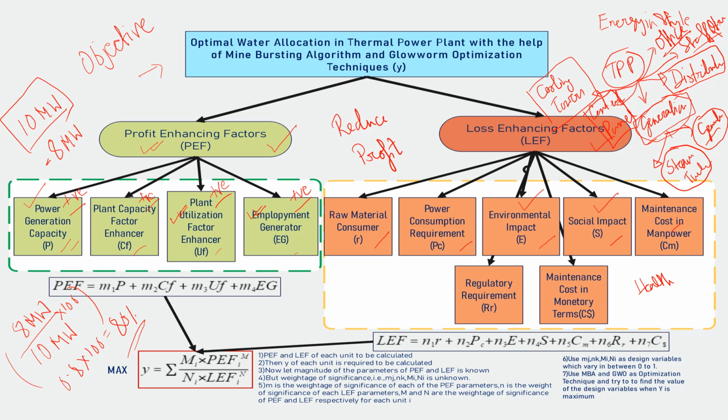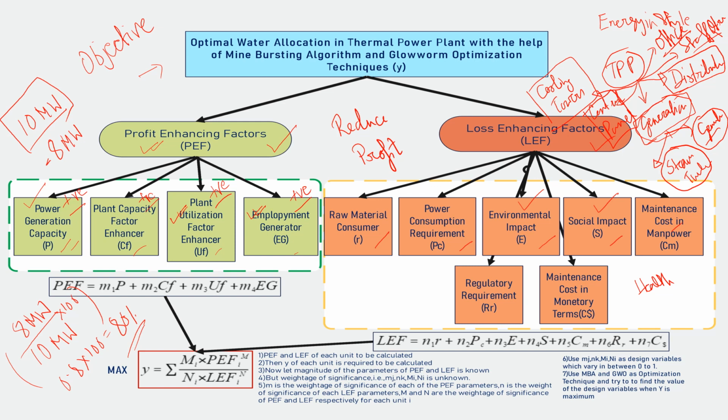Due to this generation unit and its capacity to enhance the plant capacity factor, plant utilization factor, employment, and power, the profitability of the power plant is increasing. That is why we have clubbed all these four parameters as profit enhancing factors.